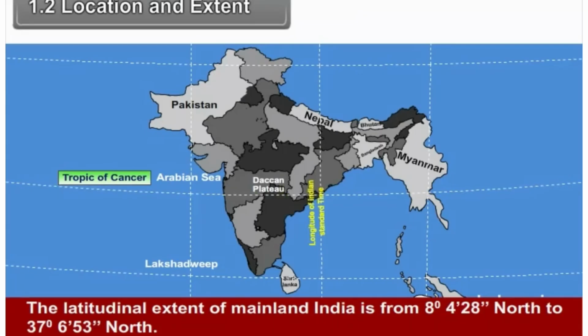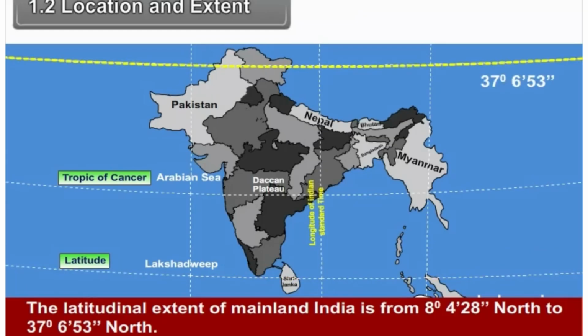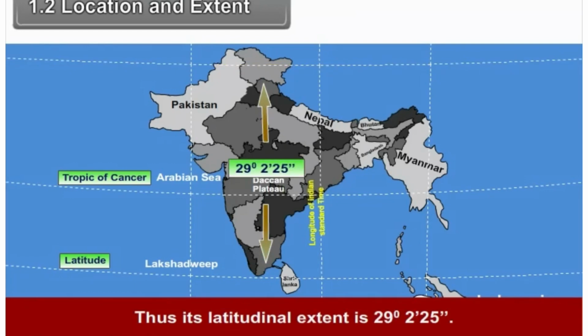The latitudinal extent of mainland India is from 8 degrees 4 minutes and 28 seconds north to 37 degrees 6 minutes 53 seconds north. Thus its latitudinal extent is 29 degrees 2 minutes 25 seconds.